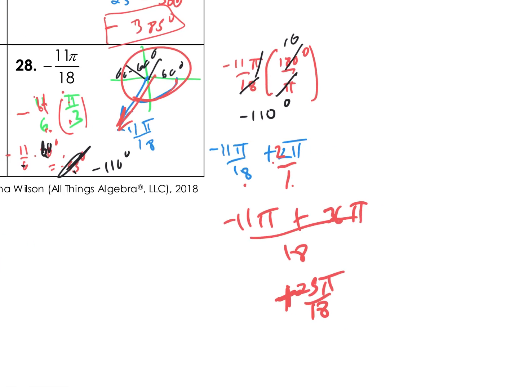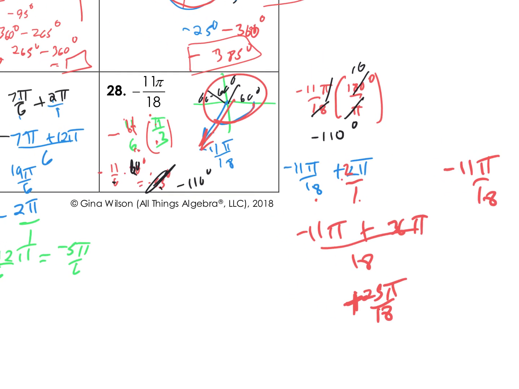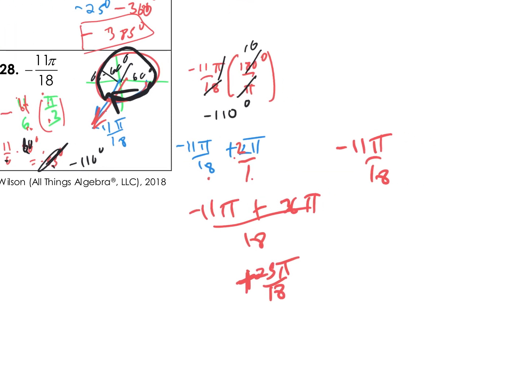To get the negative one, I was sitting at negative 11 pi over 18. I will go the other way around. In other words, I went negative 11 pi over 18. I will keep going negative one more whole circle. That meant negative 11 pi over 18 minus 2 pi over the 1.